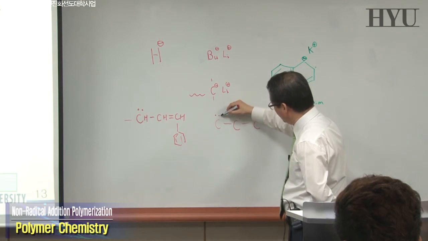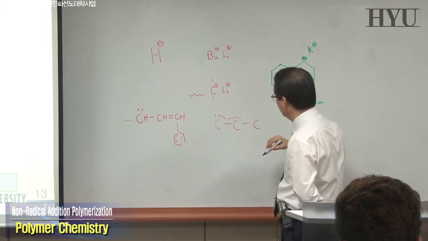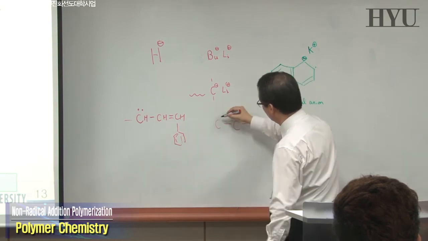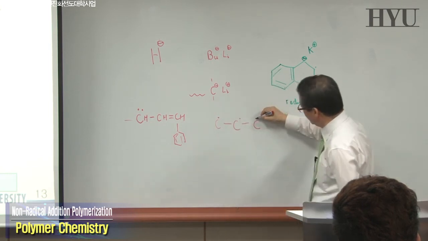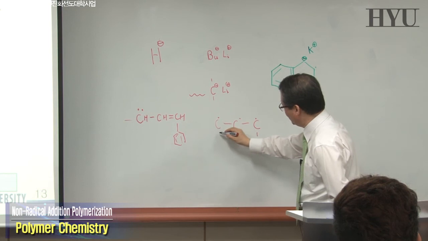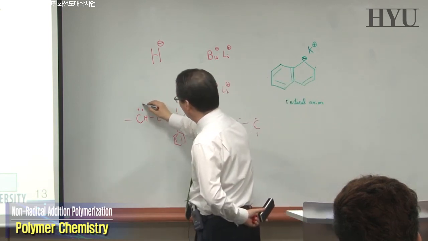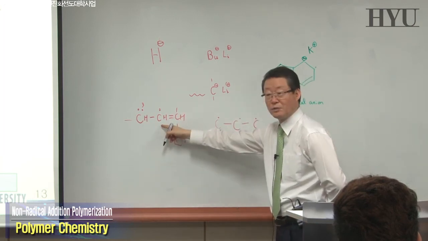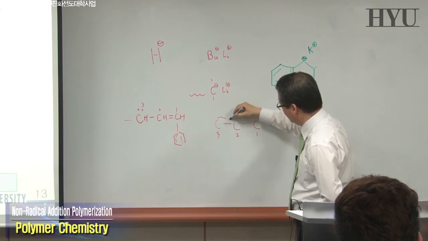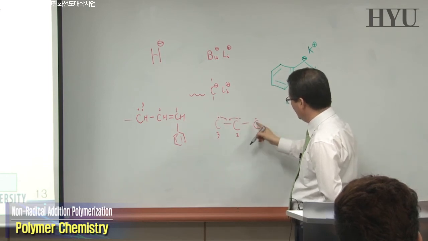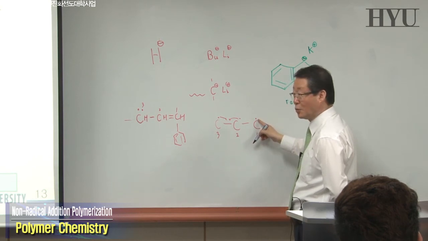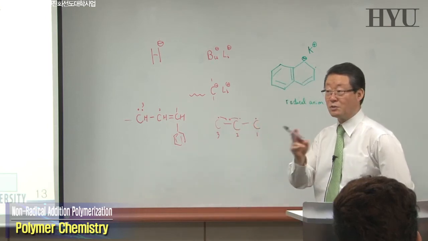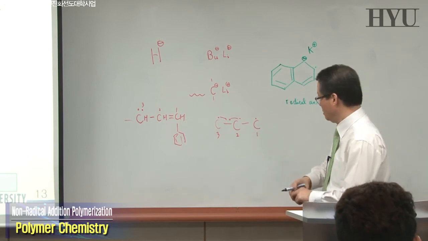So if I call these carbons 1, 2, and 3, you form the double bond between the 1 and 2 carbons, but the 2 and 3 carbons can also form the double bond, whereas one will become the radical. So the radical will be moving from carbon 3 to carbon 1, and this is called resonance stabilization.